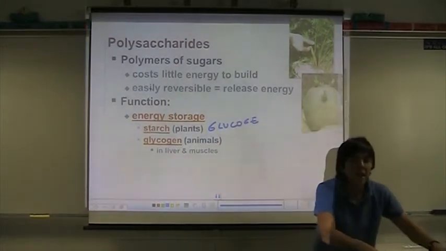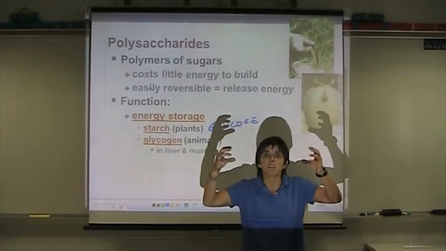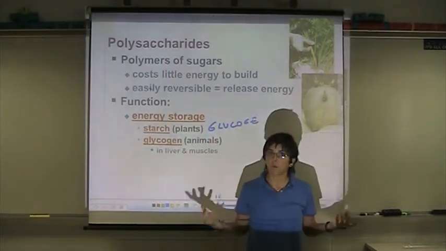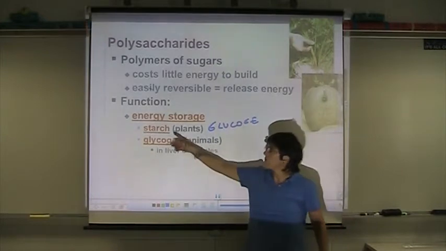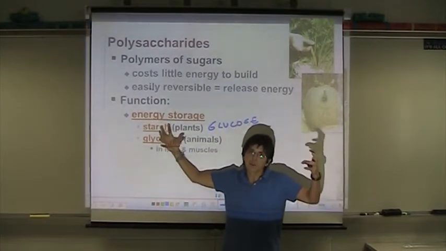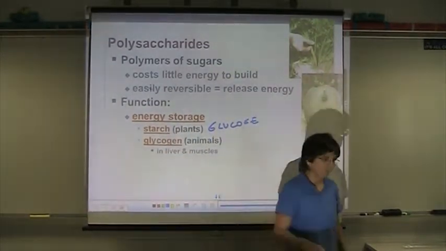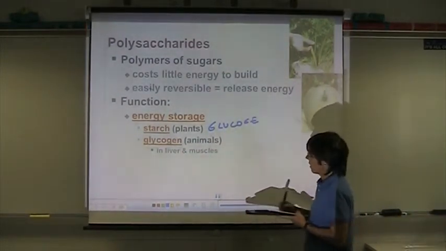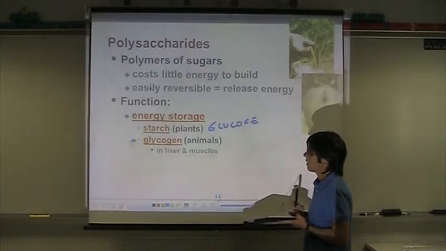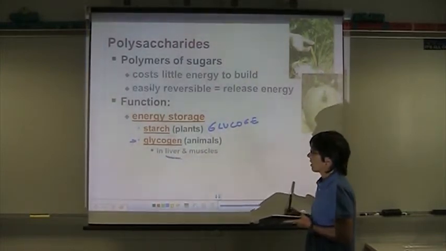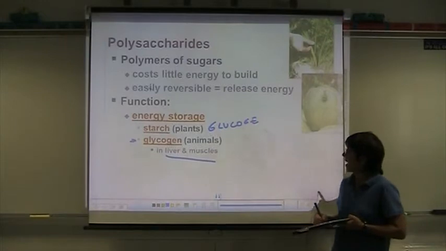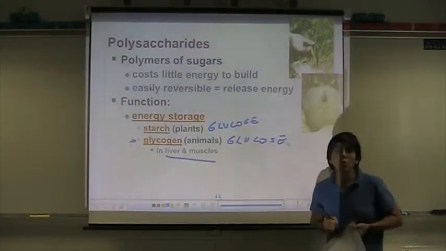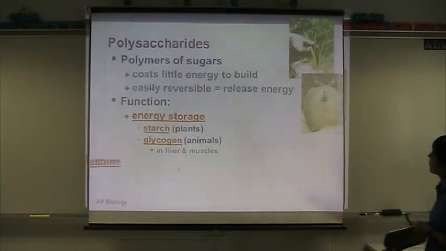And it's used by plants because the starch molecule takes less space than having all those individual ones together. Remember that you remove water, and when you remove water, you condense. In animals, we store some extra sugar in the form of a molecule called glycogen, and you are going to store it in your liver and muscles. And again, glycogen is just a long chain of glucose monomers.